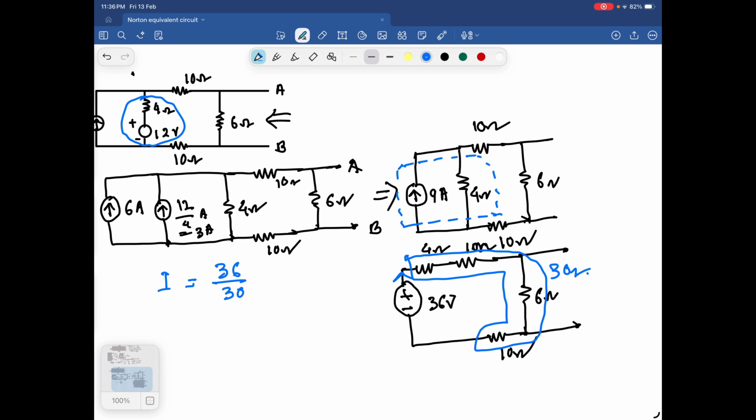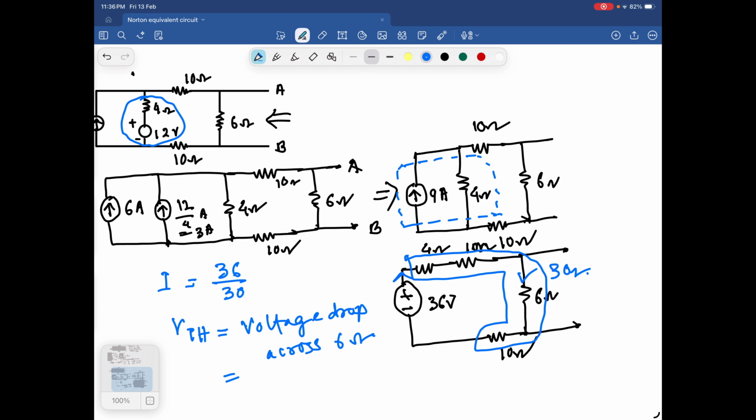Now what is the VTH? VTH is the drop across this 6 ohms. So VTH is equal to the voltage drop across 6 ohms.